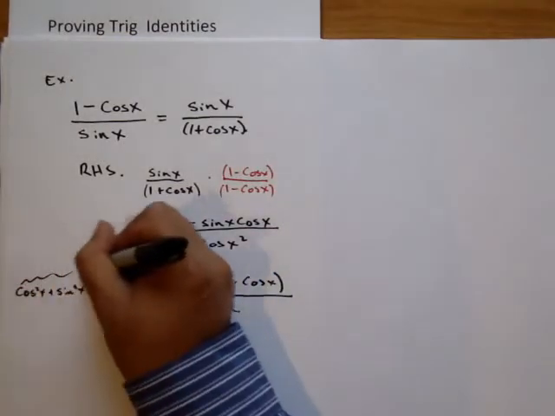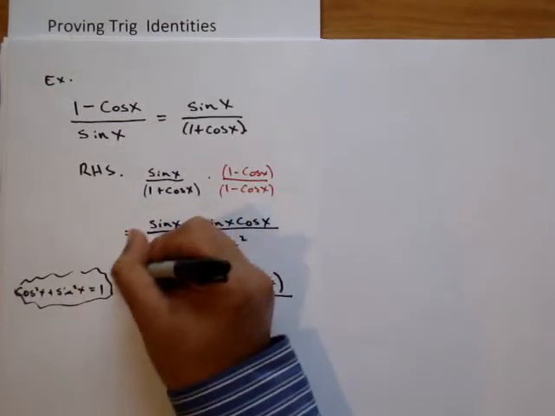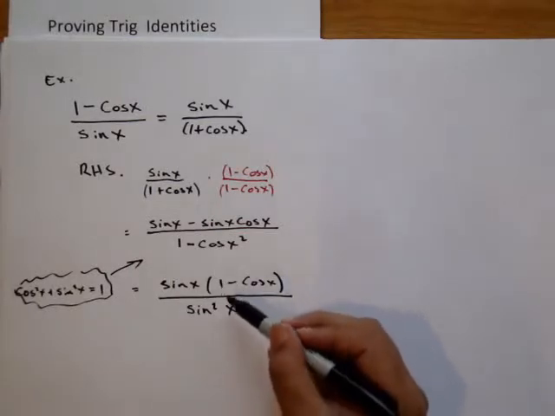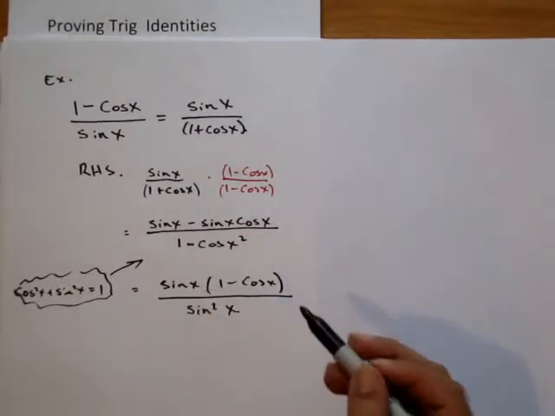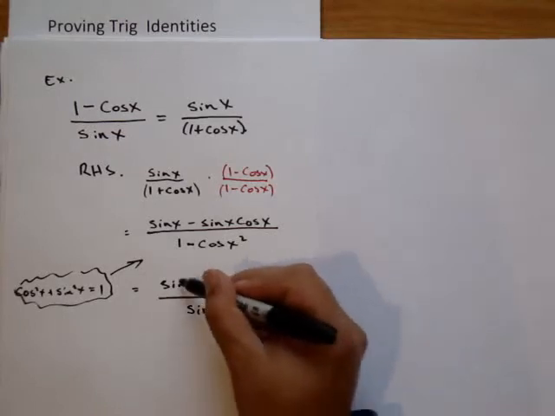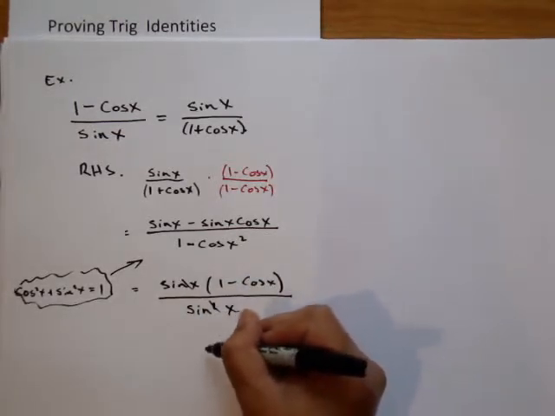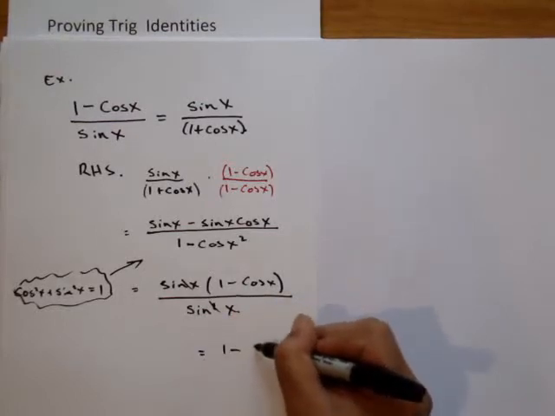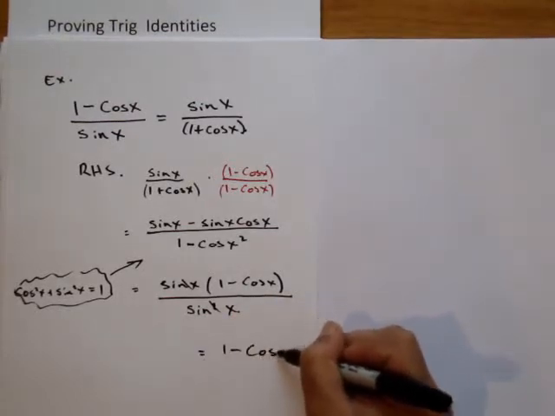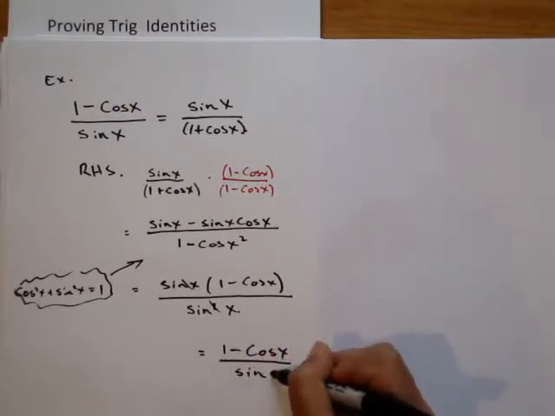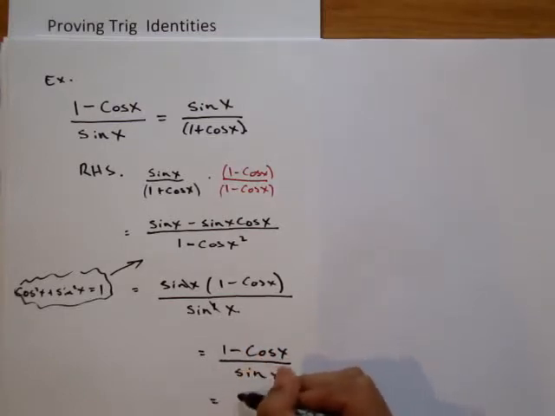So we've used this identity to replace that denominator. Now this sin squared and the sin x there cancel. So this becomes 1 minus cos x all over sin x, which is the left hand side.